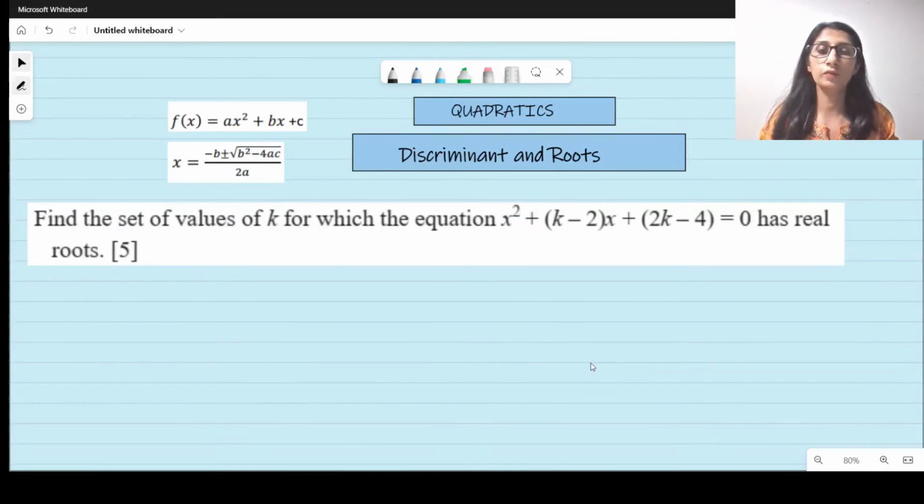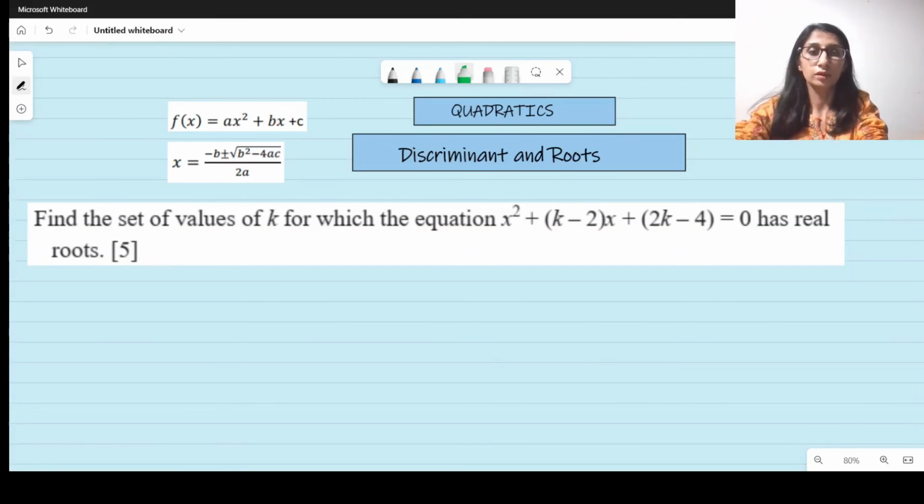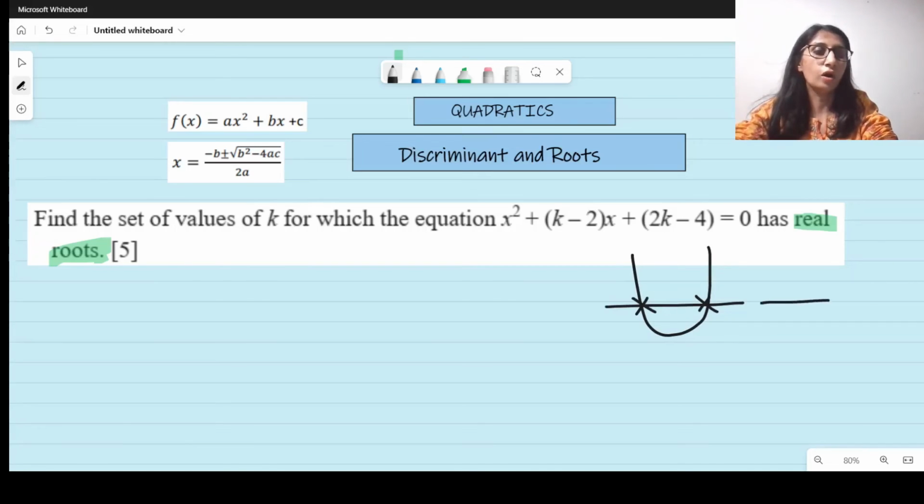All right, one last question from this topic. Find the set of values of k for which this equation has real roots. Now, real roots means that it could be a case like this, where the curve cuts the x-axis at 2 points, or this case where the curve cuts the x-axis at 1 point. This is when b² − 4ac = 0, and this is when b² − 4ac > 0.